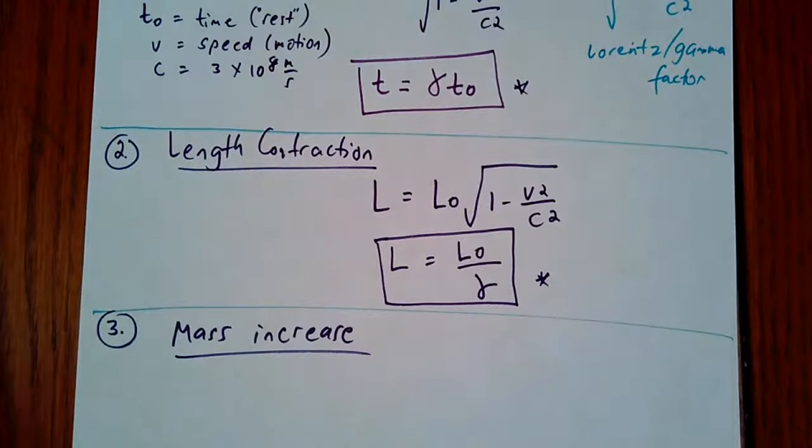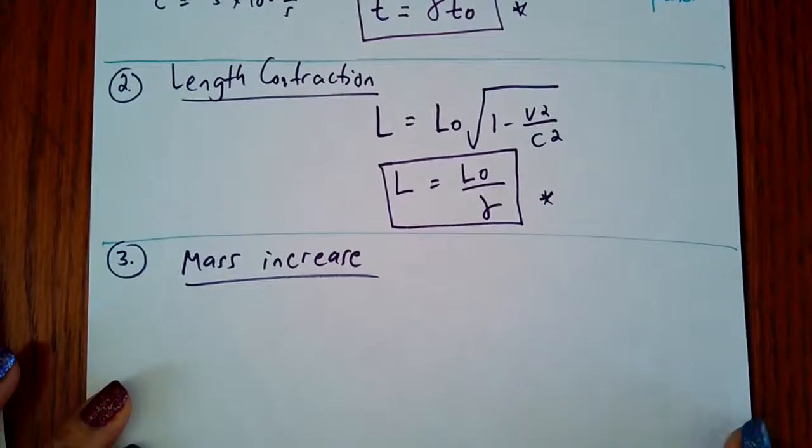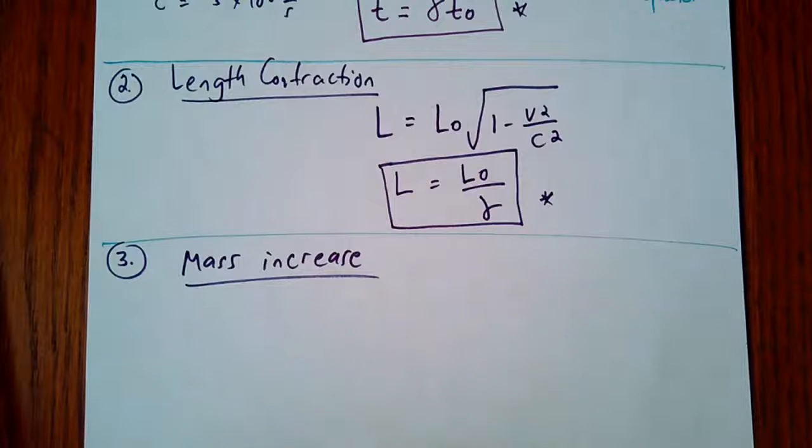There is only a limited amount of energy that you can input, and that is the reason why we actually cannot attain the speed of light. We simply cannot go at the speed of light. Only light can go at the speed of light.